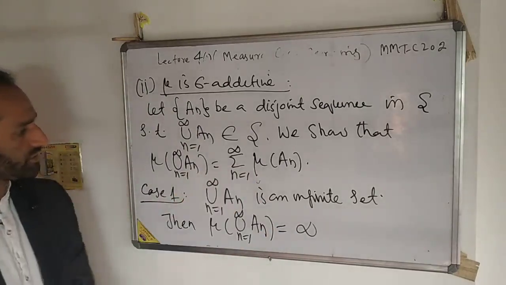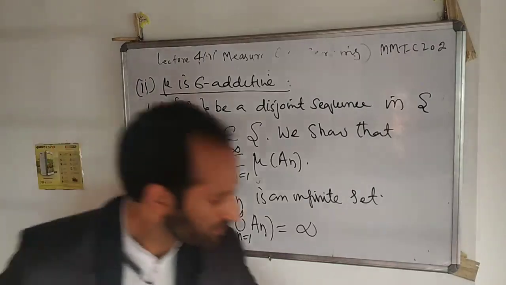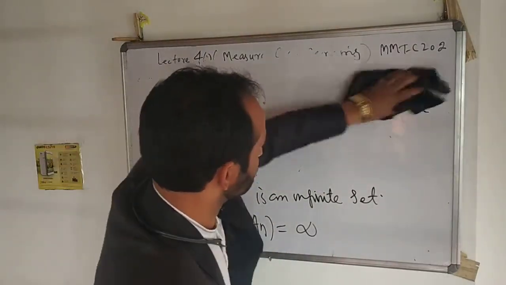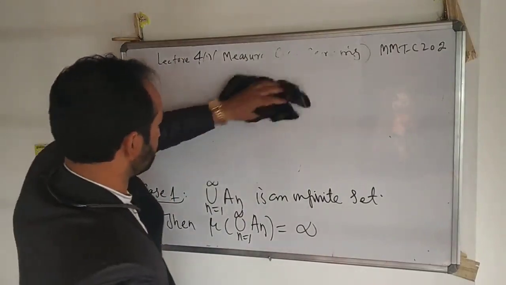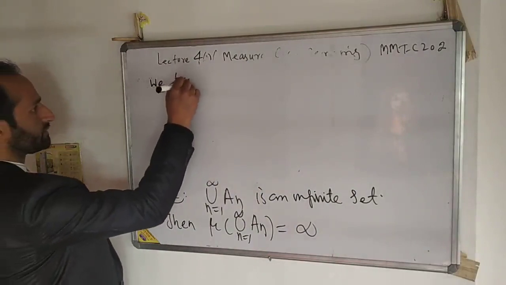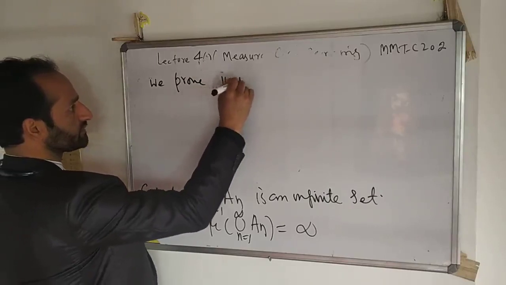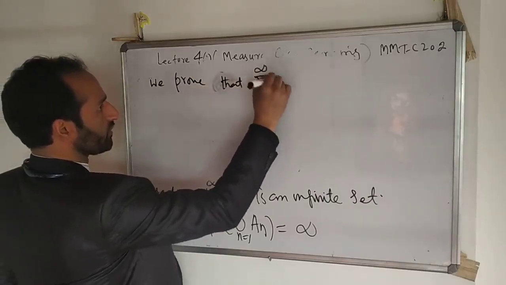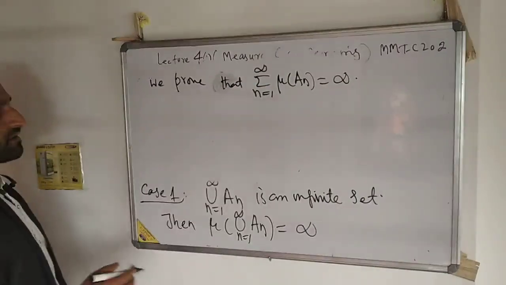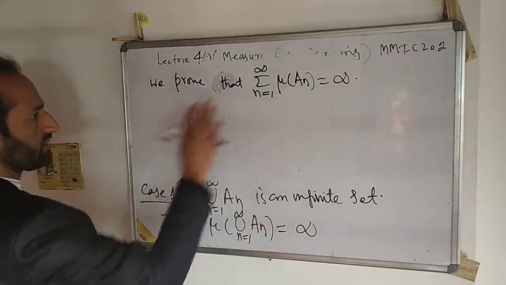We show that this sum is also infinity, so that proves the equality: mu of the union is equal to the sum of mu of A_n. So in case there is some set A_n which is infinite, then this sum is infinity.